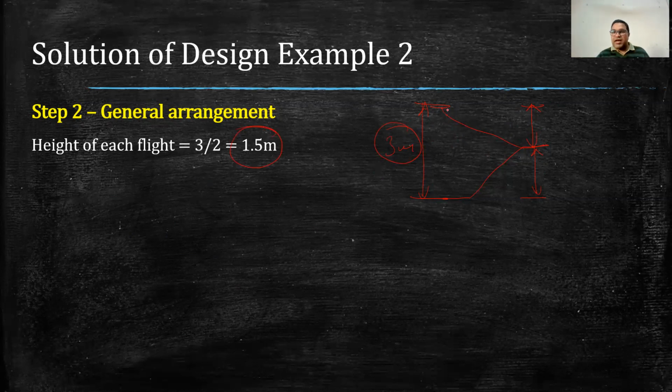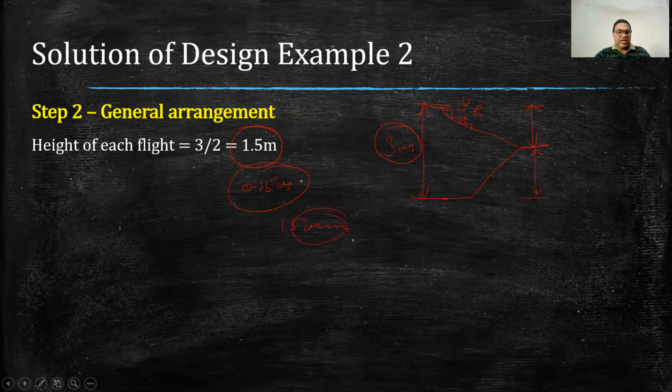Now this vertical height will be divided into risers. You can see this value is the riser. With this, we can find out the number of risers, because we already know the value of riser as 0.15 meter, which is given in the question as 150 mm.